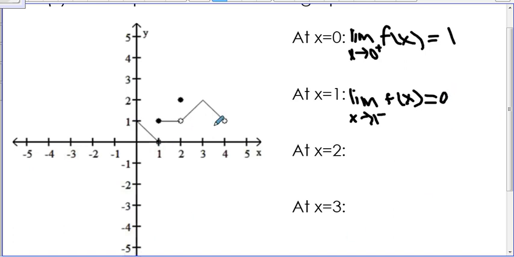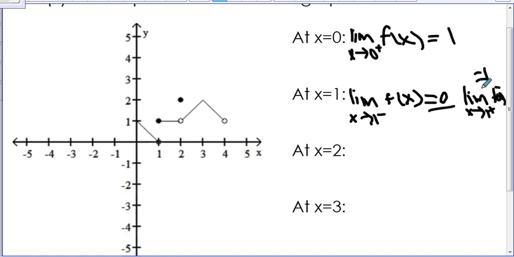And the limit as x approaches 1 from the right-hand side, running out of space, equals, coming from the right, 1.